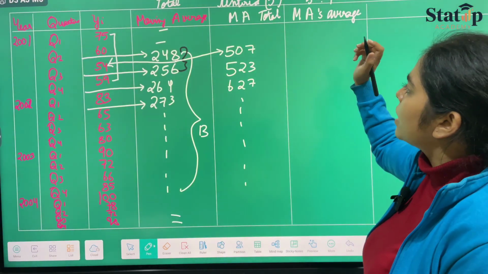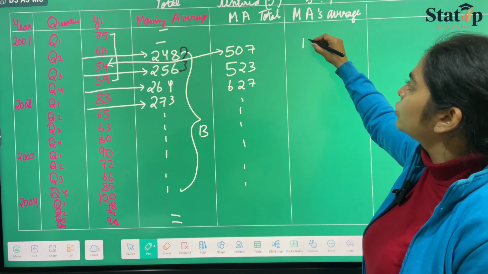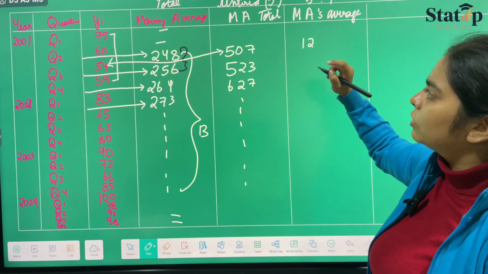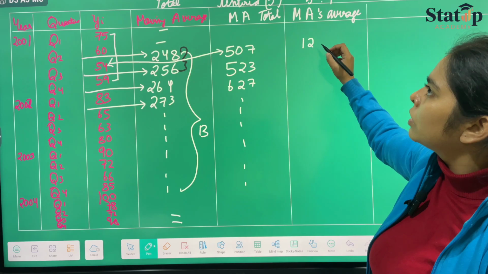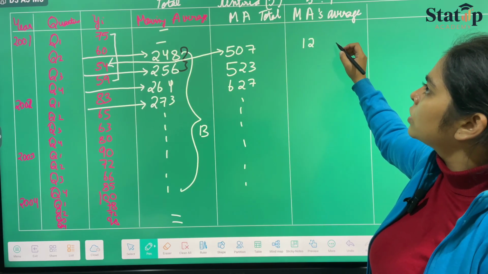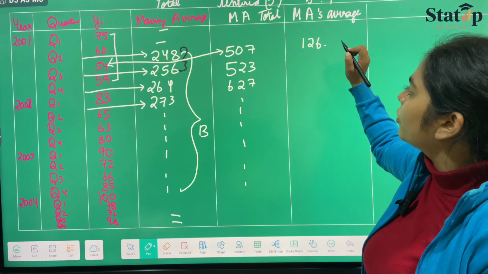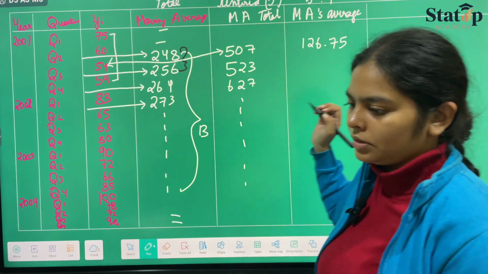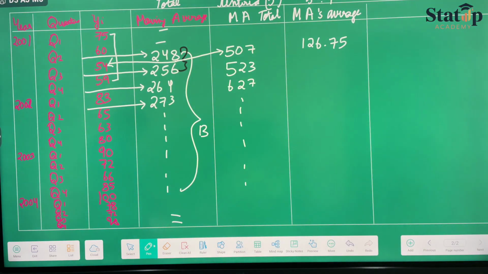So dividing this by 4, we'll get 4 ones are 4, 10, 4 twos are 8, and 4 twos are 8, 27, 4, 4 sevens are 28, 4 sixes are 24, 126.75, something like this we'll get. 126.75.